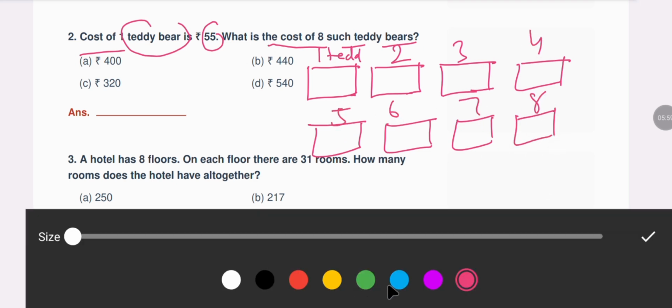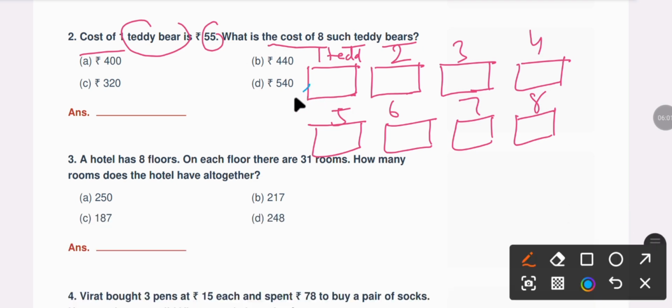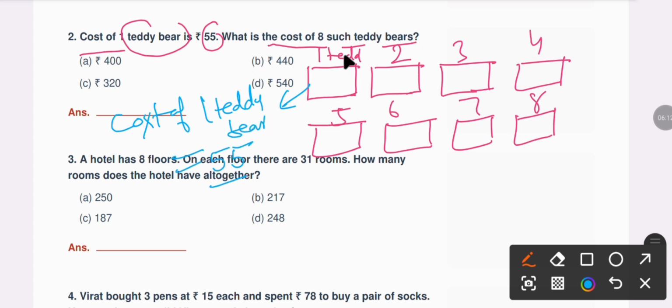The cost of one teddy bear is 55 rupees. These all teddy bears are of the same size, same type, so the cost of the first is 55, the second 55, and so on, because these all teddy bears are the same.